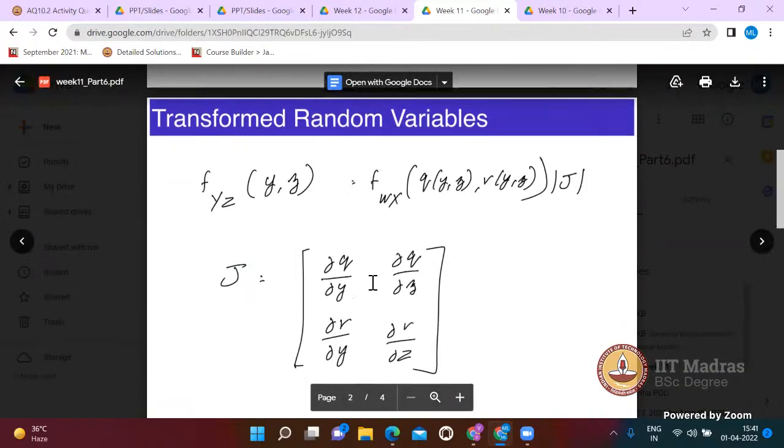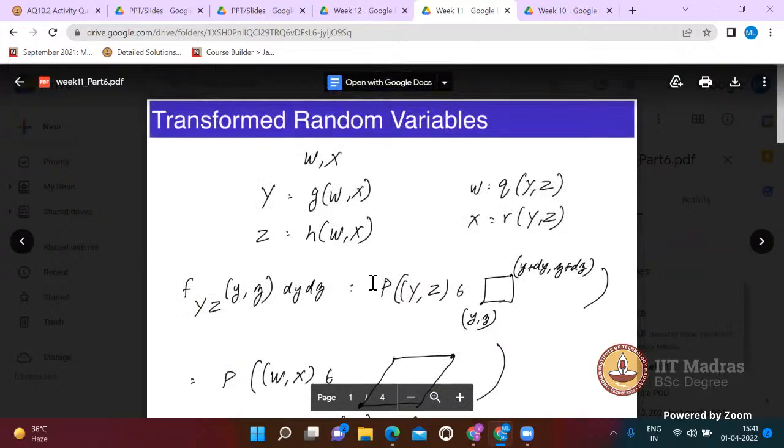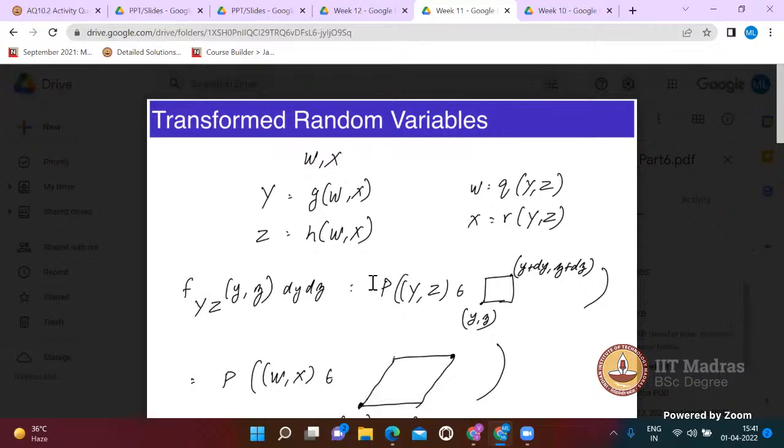For example, how you generally transform, which you read in the 12th week also: if we are given a normal distribution, and from it you get a new variable in the form of the earlier variable, how you do that with the help of the Jacobian and all. Those are conceptual things, but not asked in the exam.